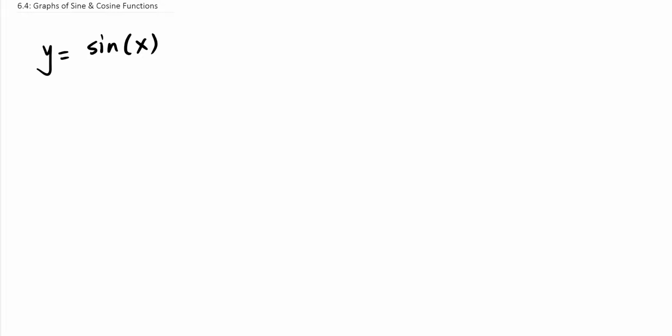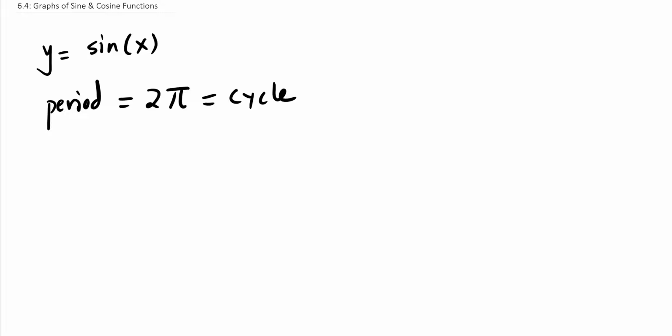The period for sine and cosine is always going to be 2 pi. That's the length of one period or one cycle. As soon as I know the length of the period, I can find out what points I want to use to graph this function.